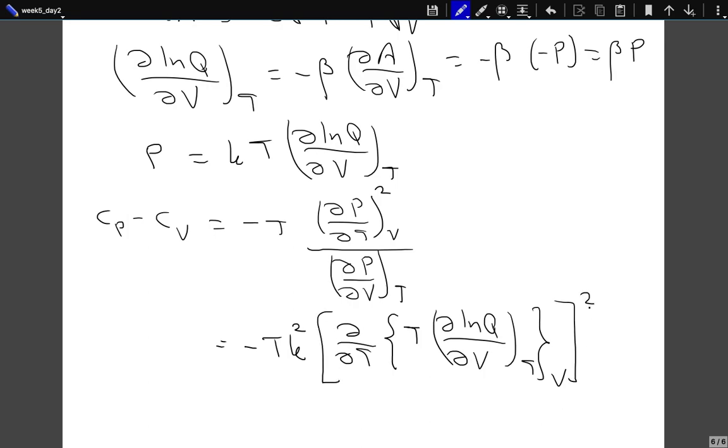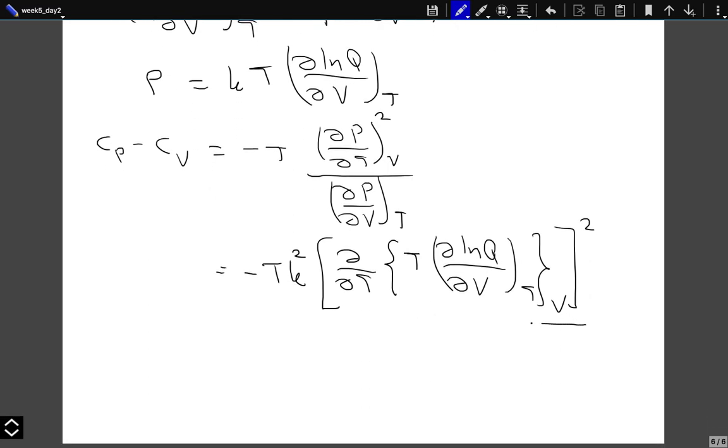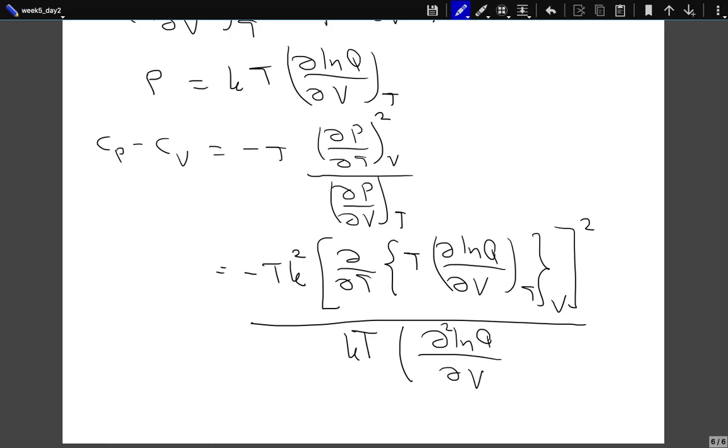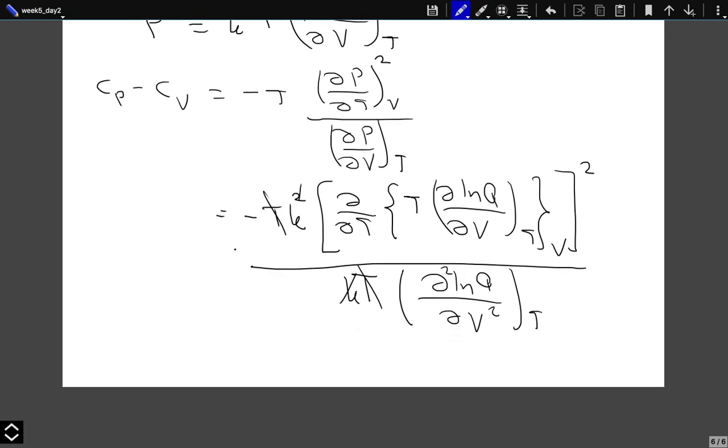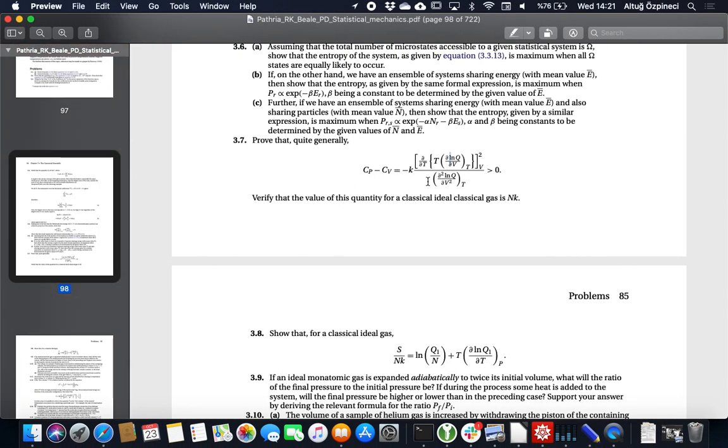This is the numerator. And in the denominator, I have k times, at constant temperature so kT is constant, the second derivative of the logarithm of q with respect to V at constant temperature. So the T's cancel, and one of the k's cancels. So what remains is Cp minus Cv equals minus k times this expression over here.